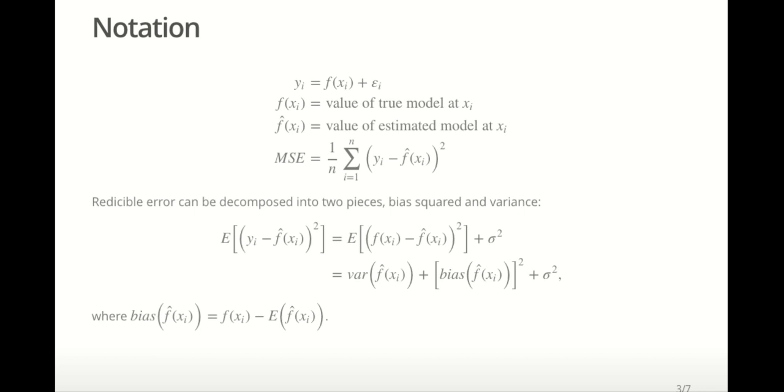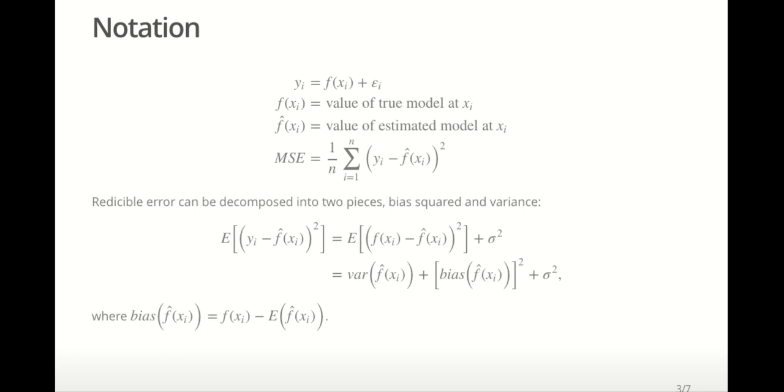The expected test MSE, that is the expected squared difference between the actual y_i's and the value of the estimated model at a value x_i, can be broken into reducible error and irreducible error. The irreducible error is sigma squared, the variance of the epsilon_i's and the natural variation of the data around the true model.